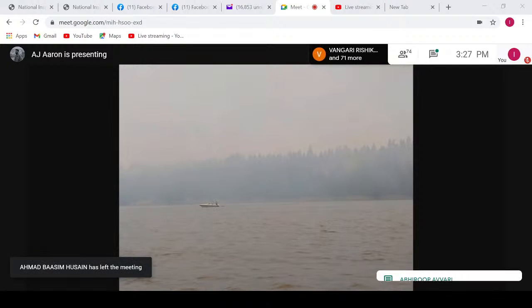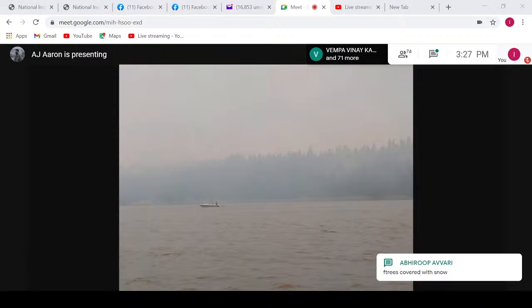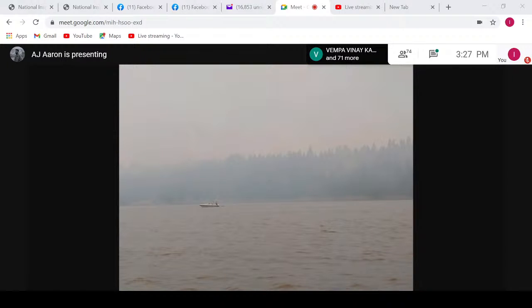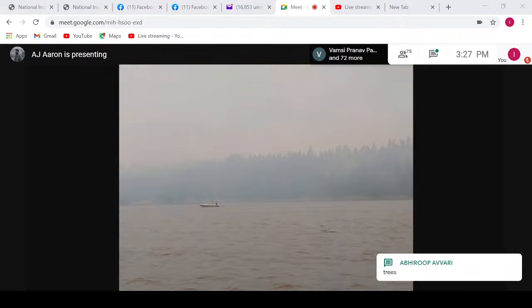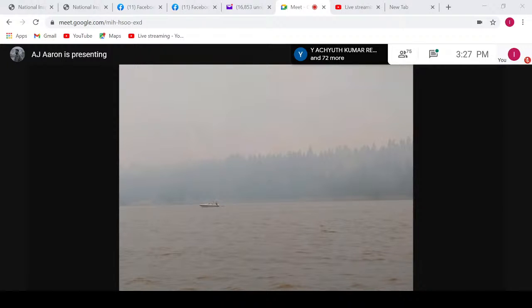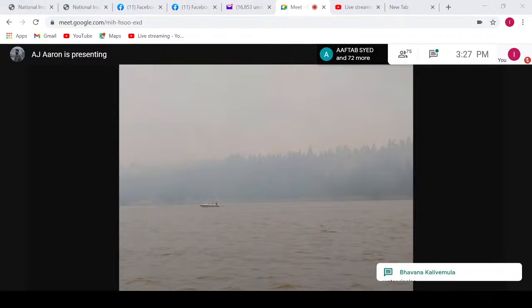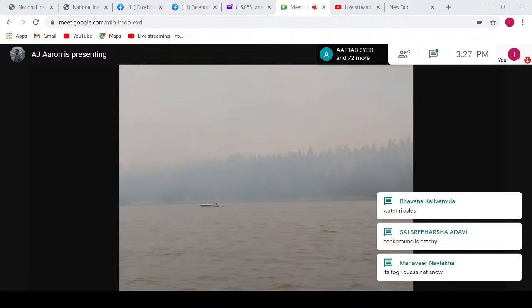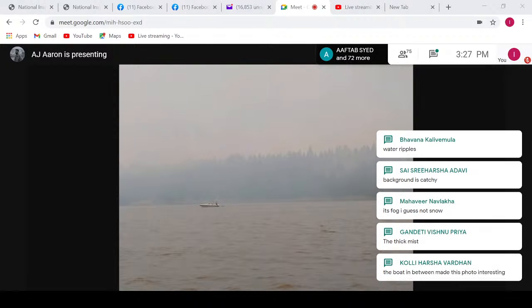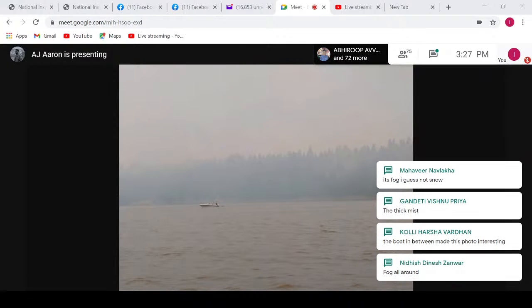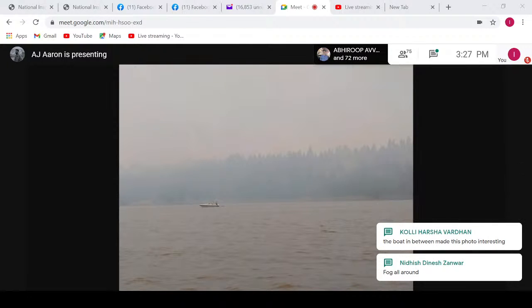What else? If you think it's interesting, why do you think it's interesting? Trees covered with snow. Okay. Background is catchy. Yeah. Water ripples.